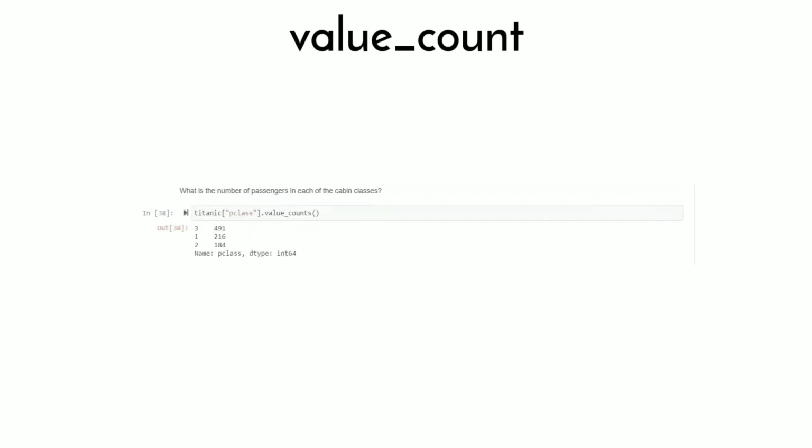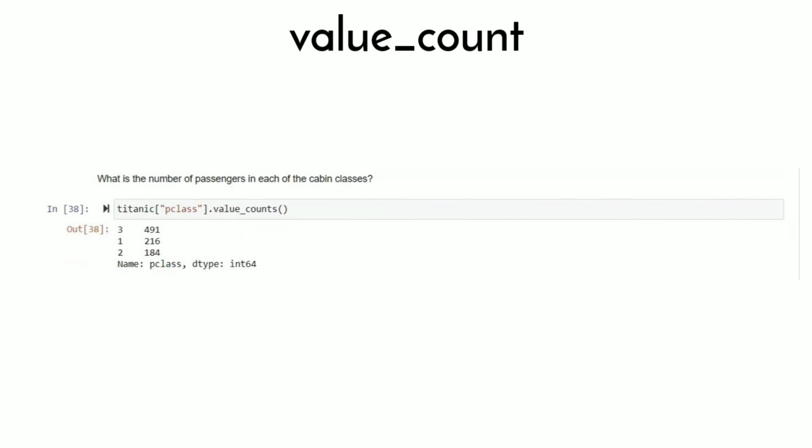So another operation that can be run within each given column is the number of value counts. Now, value counts identifies all the unique values within your given column and then returns the number of occurrences in which each appears within that particular column. So this is a series-specific operation.